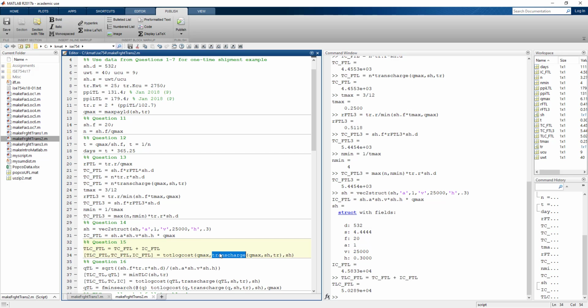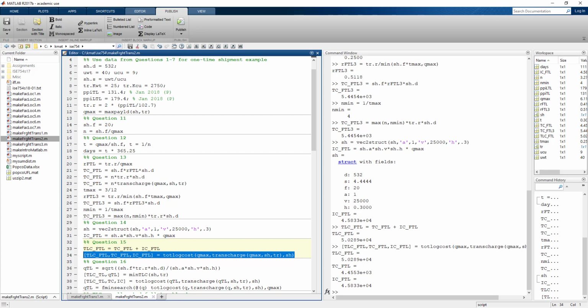And then the second argument is the transportation charge for that size shipment. So we again use the same Qmax value. And then the third input argument is the shipment structure. So with that, we can get results.